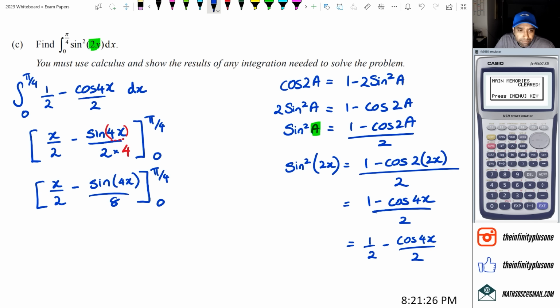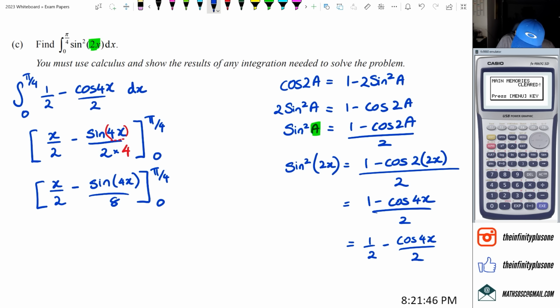Now here's a little time-saving tip that I have when it comes to the marking of this paper. You can actually do this question on the graphics calculator, but the way I do it is I do these steps and I even substitute it.